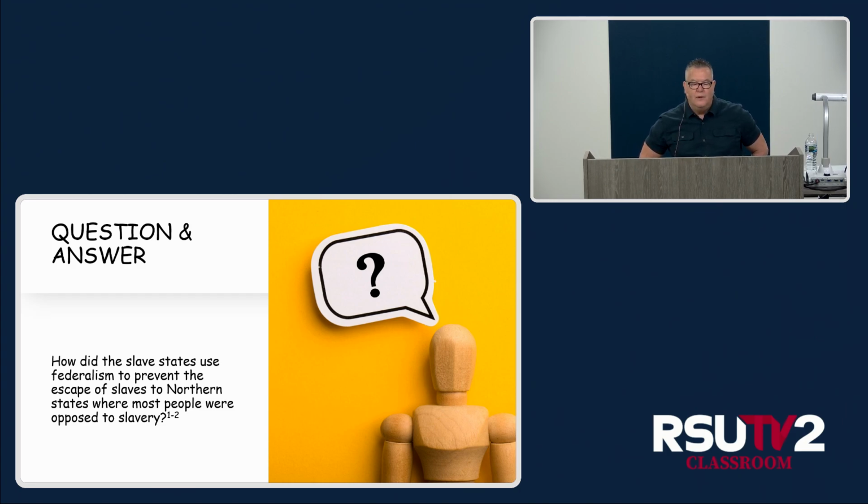Now, this clause essentially required northern states to return escaped slaves. But northern state governments were often reluctant to assist in the return of slaves, and some openly defied the constitutional requirement because slavery was deeply unpopular in those states. Remember what I was talking about, the religious revivals.